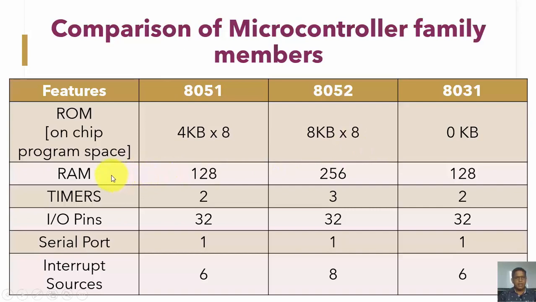The second one, the RAM: in the case of 8051, 128 byte RAM is present. In the case of 8052, 256 byte, whereas in the case of 8031, a total of 128 byte RAM is available. Total timer sections: in the case of 8051, two timer sections. In the case of 8052, three timer sections, and in the case of 8031, only two timer sections are available. One thing is common, that is input output port pins.